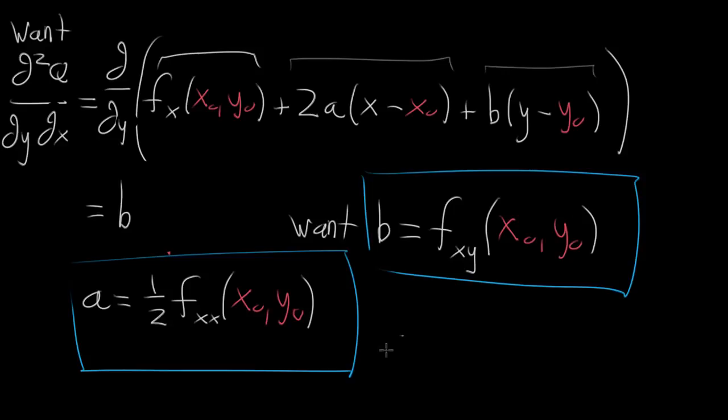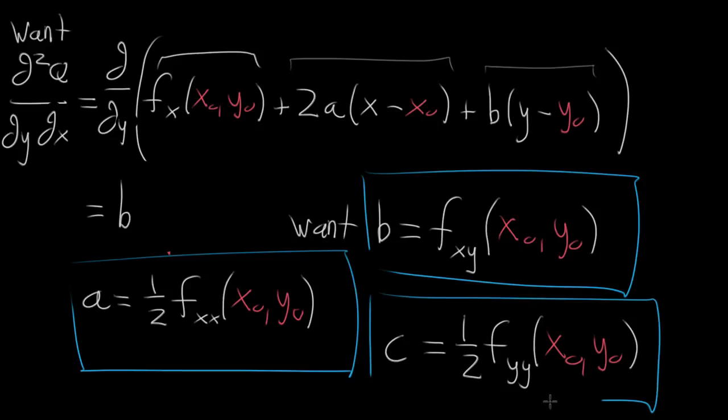The constant c is equal to 1/2 of the second partial derivative of f with respect to y, so you're differentiating with respect to y twice, evaluated at the point of interest. This is going to be the third fact. And the way you get to that conclusion is almost identical to the way we found this one for x.